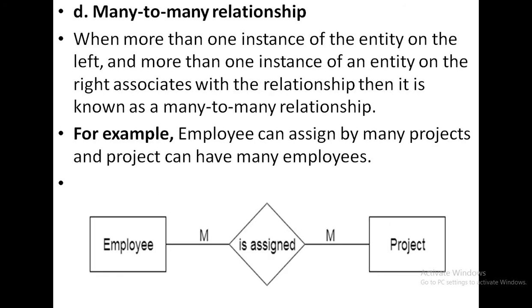Okay. The next, and last, relationship is the many-to-many relationship. When more than one instance of the entity on the left-hand side and more than one instance of an entity on the right-hand side associates with the relationship, then it is known as a many-to-many relationship. For example, an employee can be assigned many projects and a project can have many employees.